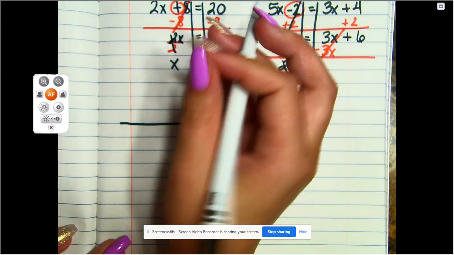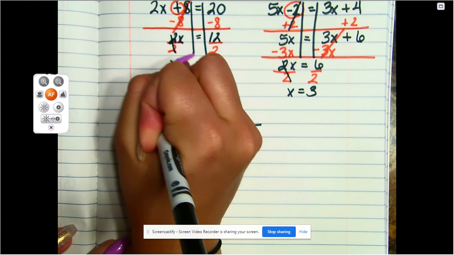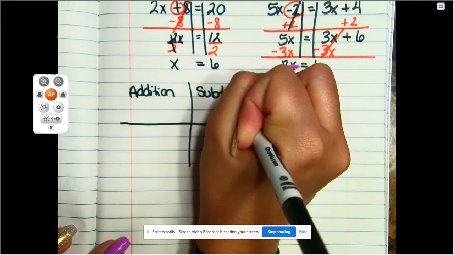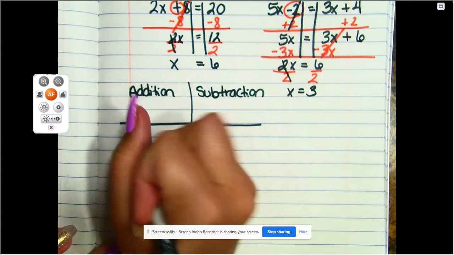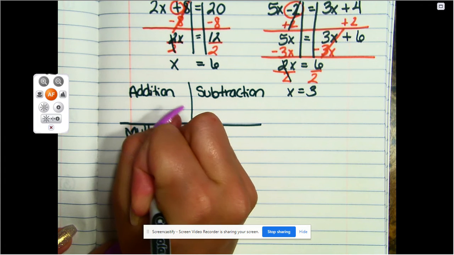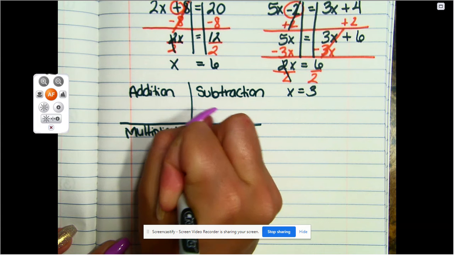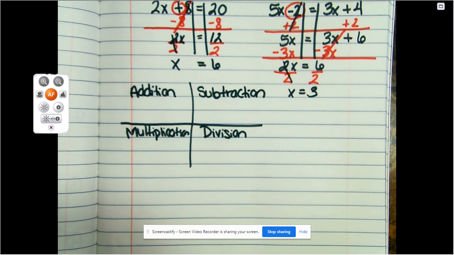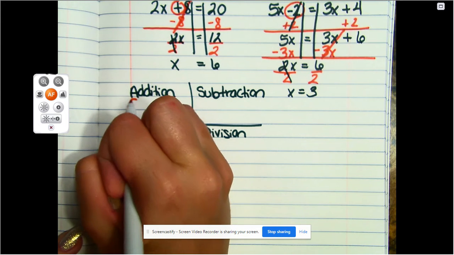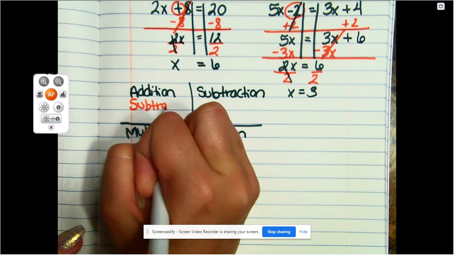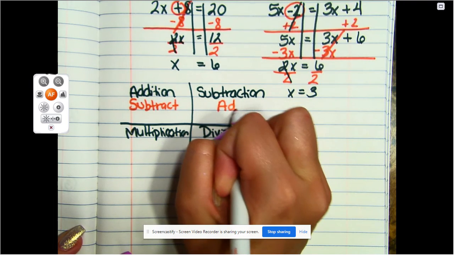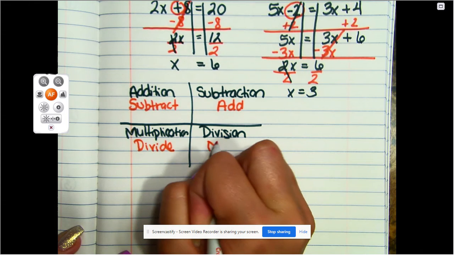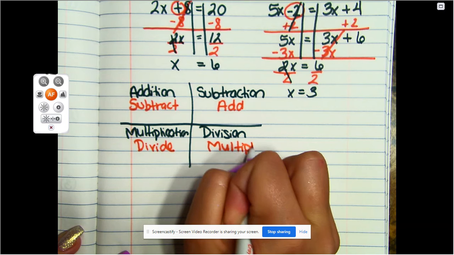So let's just take one more look at what the inverse operations are. If you want to draw a little chart in your notebook somewhere. We have the operations of addition, subtraction, multiplication, and then division. Then we have the inverse operations. Opposite of adding is to subtract. Opposite of subtract is to add. Opposite of multiply is divide. Opposite of divide is to multiply. We just need to do this brief refresher, brief reminder.